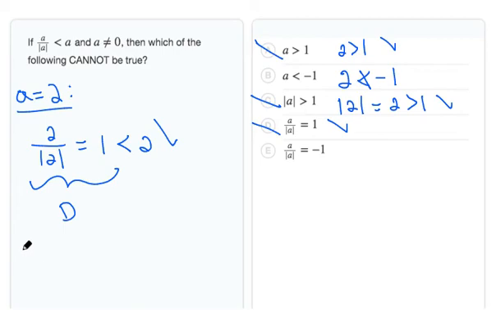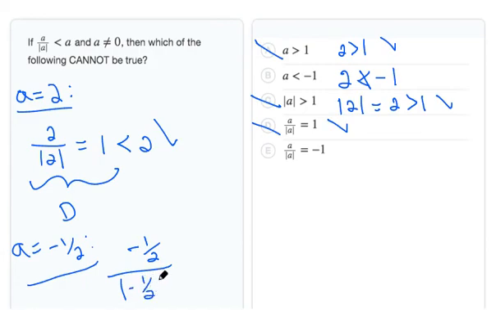Let's go ahead and pick a equal to a negative number, but we do need a negative number that satisfies this inequality. So if we choose a equal to negative 1/2, we could double check our inequality. We'd have negative 1/2 over absolute value of negative 1/2.